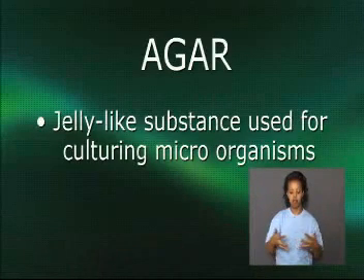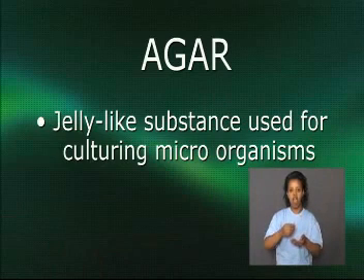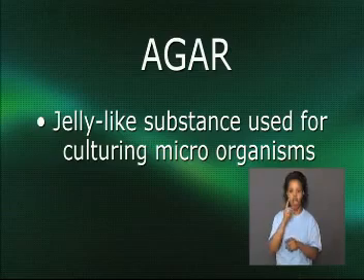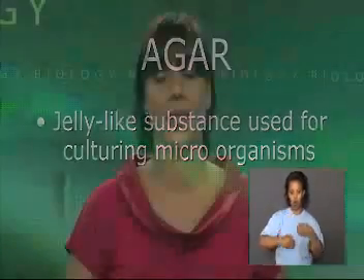Agar is a jelly-like substance obtained from seaweed. It is used for culturing microorganisms. There are many varieties of agar, and each contains a different balance of nutrients. Therefore, each type of agar encourages the growth of different microorganisms.